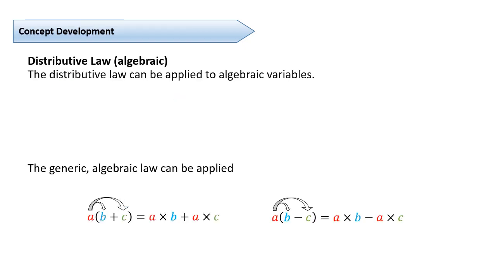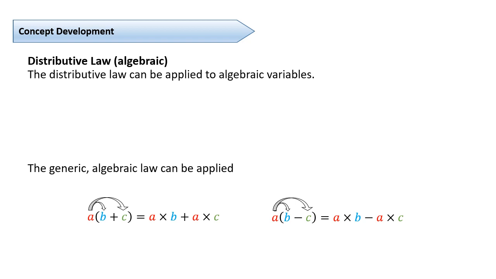Okay, the distributive law. Okay, so the distributive law can be applied to algebraic variables. So far, we've only seen it used for numbers, okay? And we've been able to evaluate them. We've been able to carry out our multiplications and additions, or sometimes the subtractions.